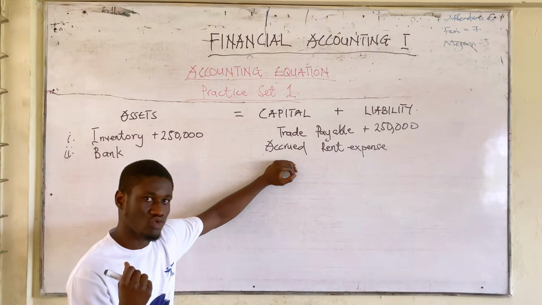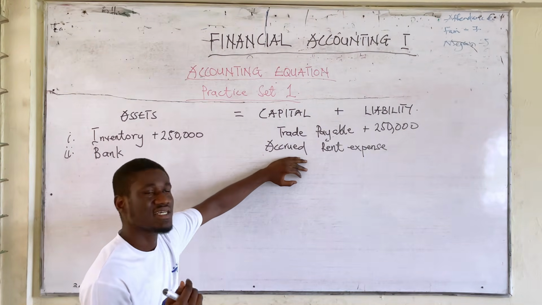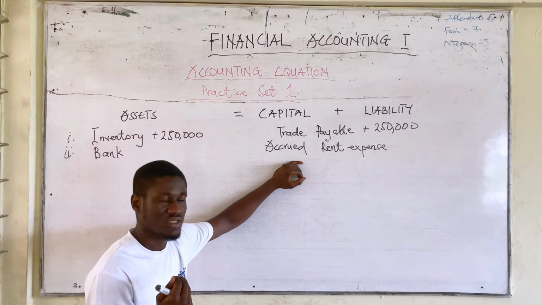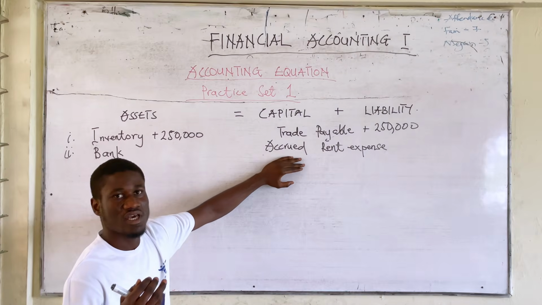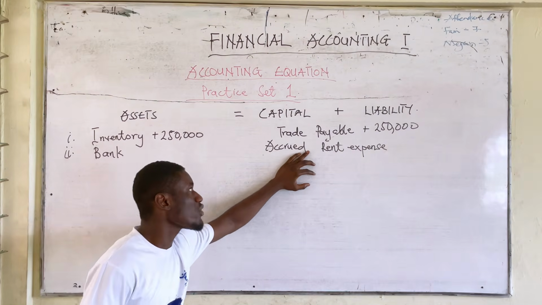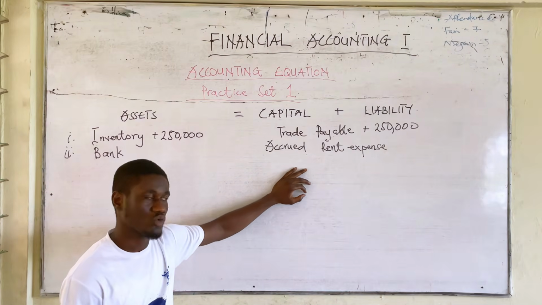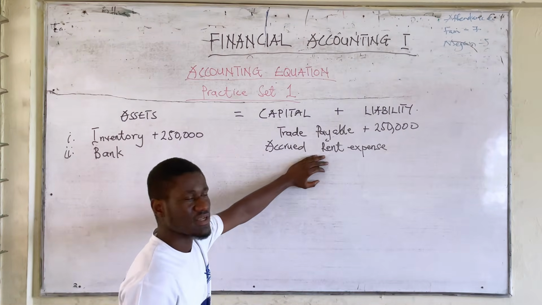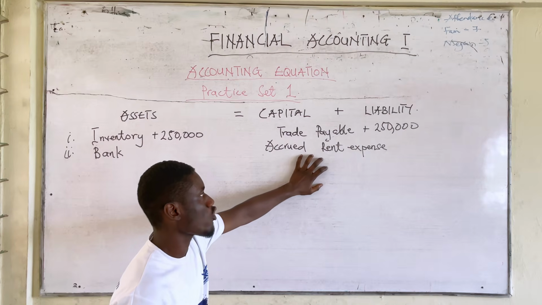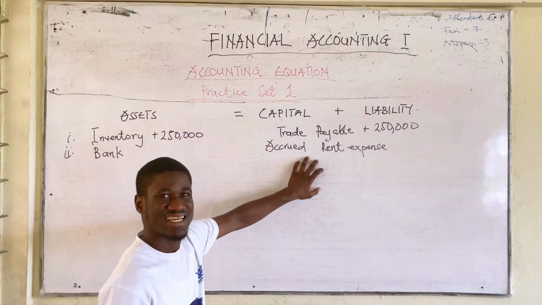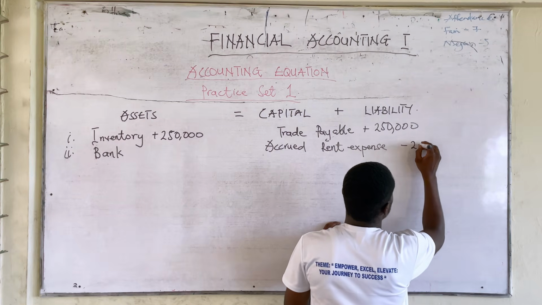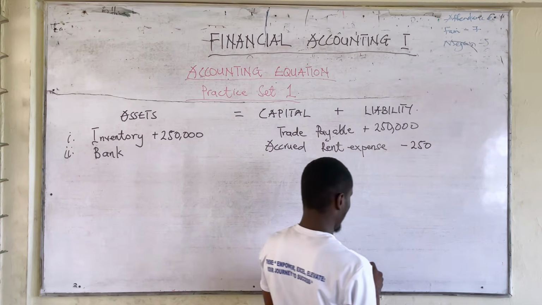From the introduction to accounting, I said when there is a decrease in the liability, we have what? Debit. But here, there's no debit or credit. We are just showing how it affects the accounting equation. So from this place, the rent amount we are owing has decreased by 250,000. So we just write minus 250,000.